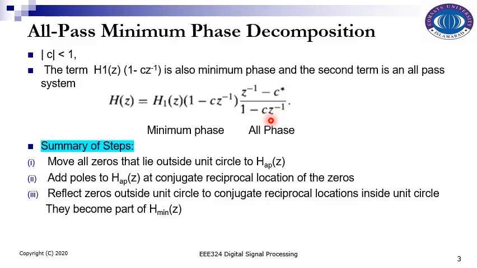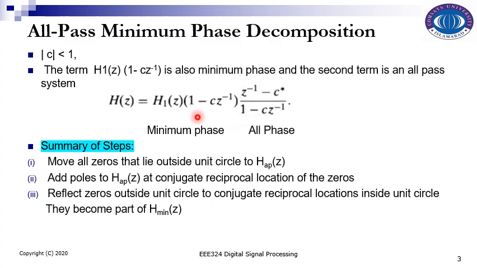Then we have added this term, a pole at C. So this whole term is an all pass system, right? Because there is a 0 at 1 over C star and a pole at C, a conjugate reciprocal pair. So this part is an all pass system.